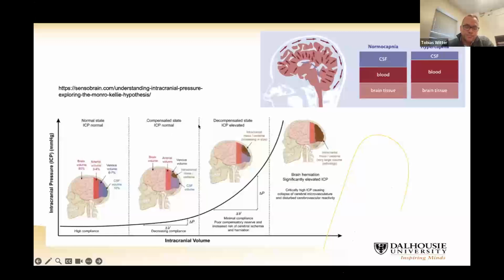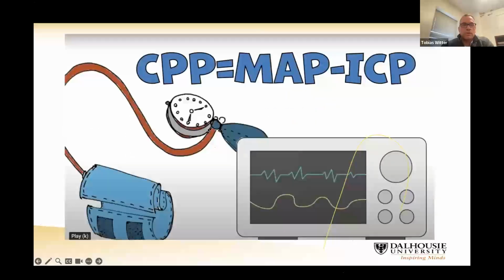But also, as the intracranial pressure rises, it means that our perfusion pressure, so the blood flow to our brain tissue, goes down, because our cerebral perfusion pressure is determined by our mean arterial pressure and our ICP. And the minimal threshold is probably set somewhere around 60 to 70 for TBIs, for traumatic brain injuries.